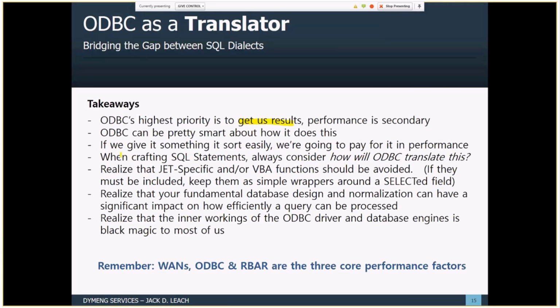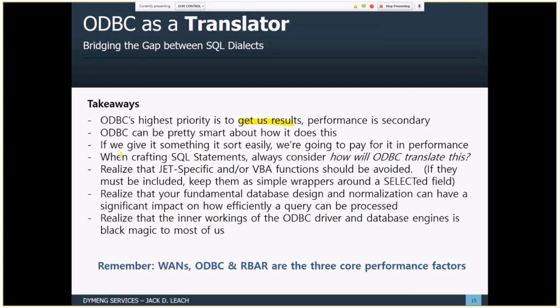And the other thing to keep in mind is that the inner workings of ODBC itself and database engines, and how they process this stuff, is pretty much like black magic to most of us. Very few of us, at least myself anyway, know the details of how this stuff actually works, and we wouldn't really expect application programmers or even database application programmers to have knowledge of the inner workings of these types of things.